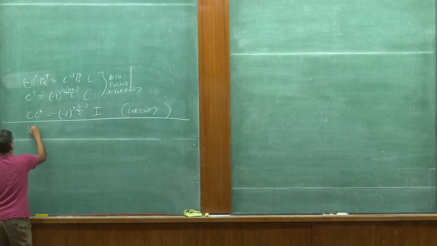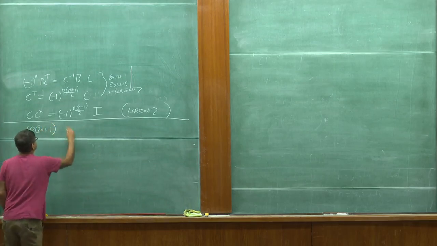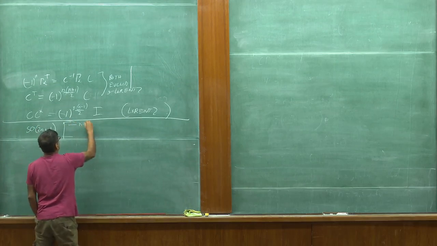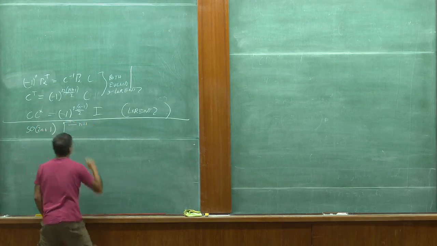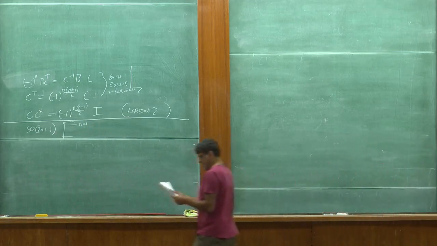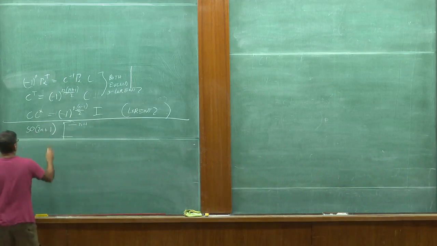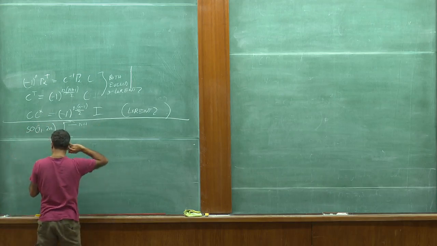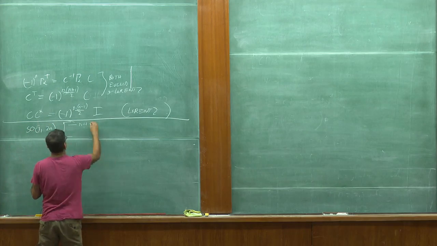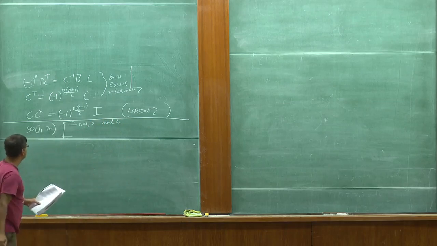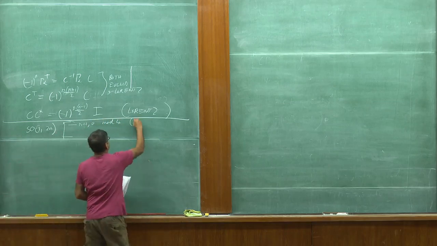So we had SO(2n+1), which is really SO(1,2n). For n equal to 1 or 0 mod 4, everything was real.